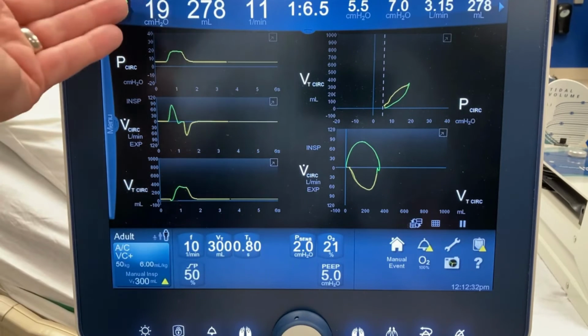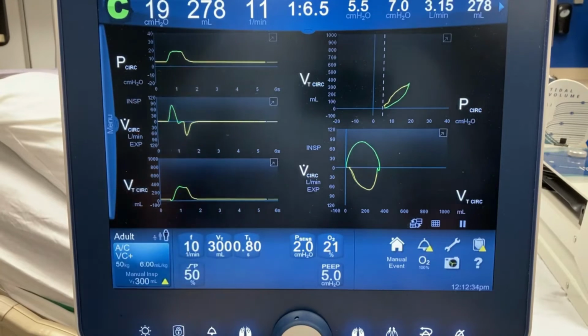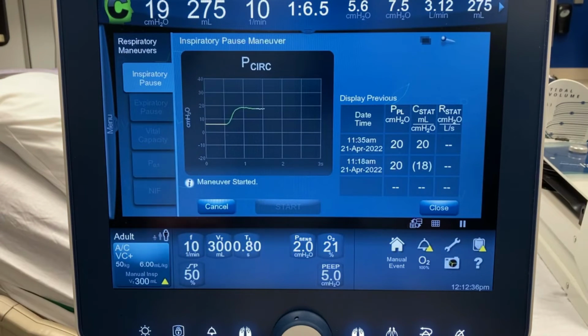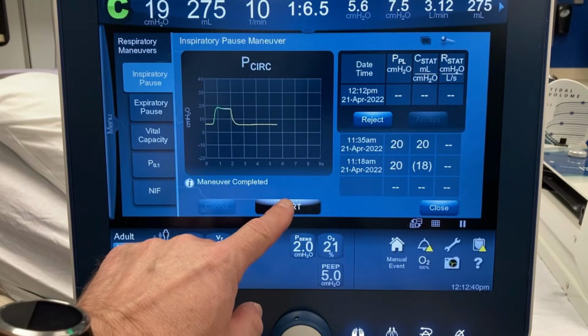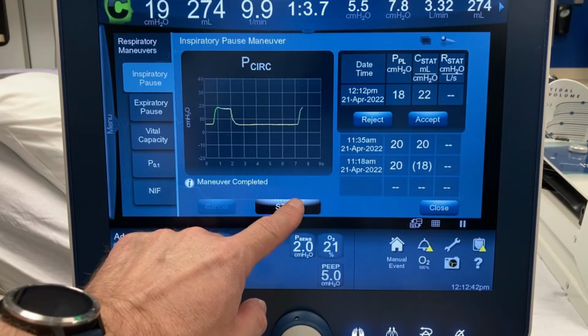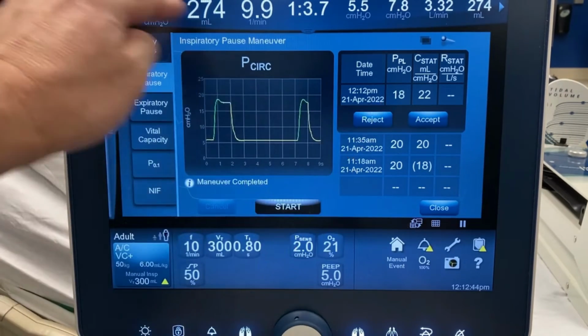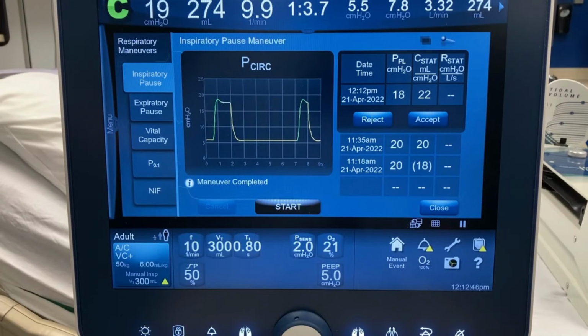So my peak should be very close to my plateau. Let's see if we're right here. And we have 19 and 18. So that's a difference of 1. That's negligible.